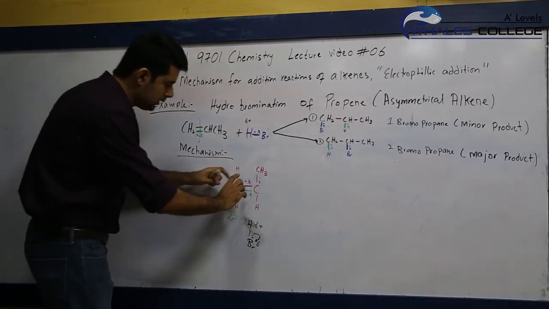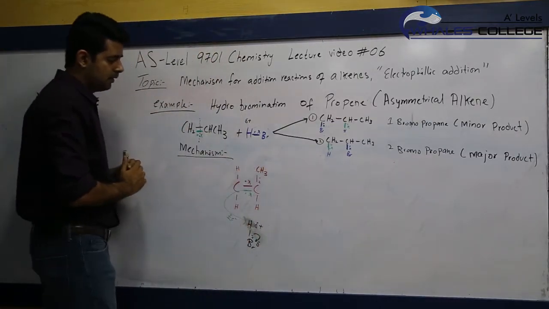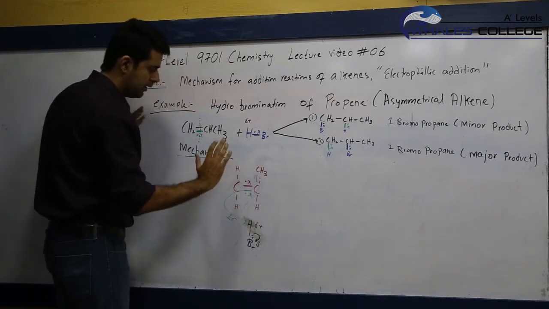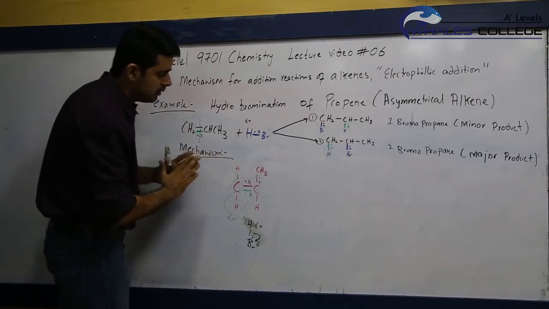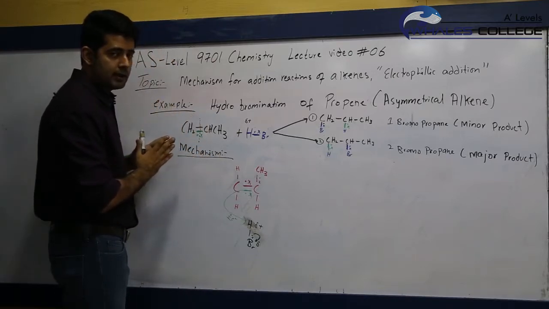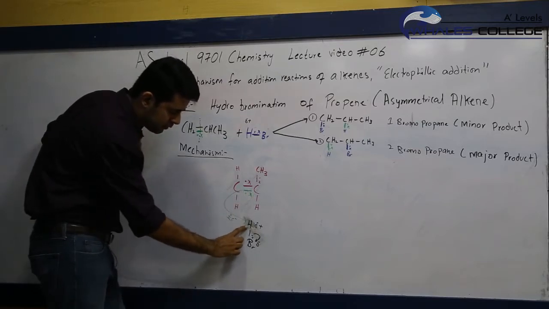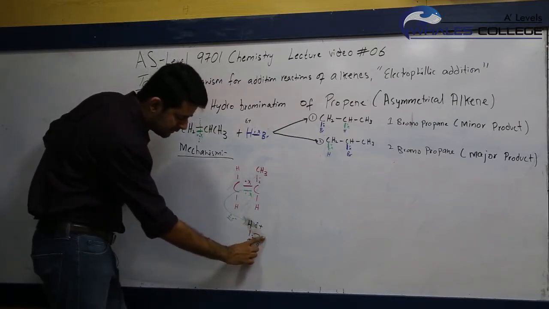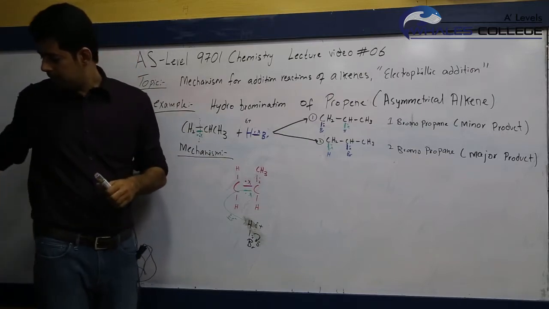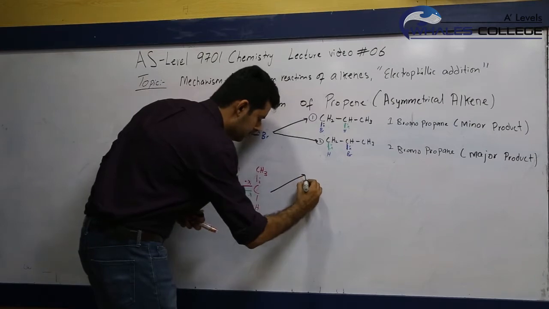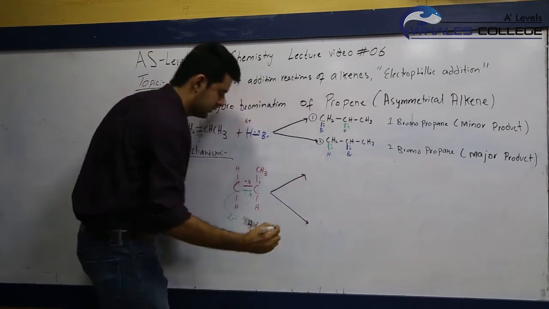So this is your propene molecule. I have shifted the methyl group to the top. You can draw it over here, it doesn't matter. The reaction is similar to the mechanism for ethene of lecture number 05. The pi bond attacks the electrophile and helps in breaking this sigma bond, which simply means two things.